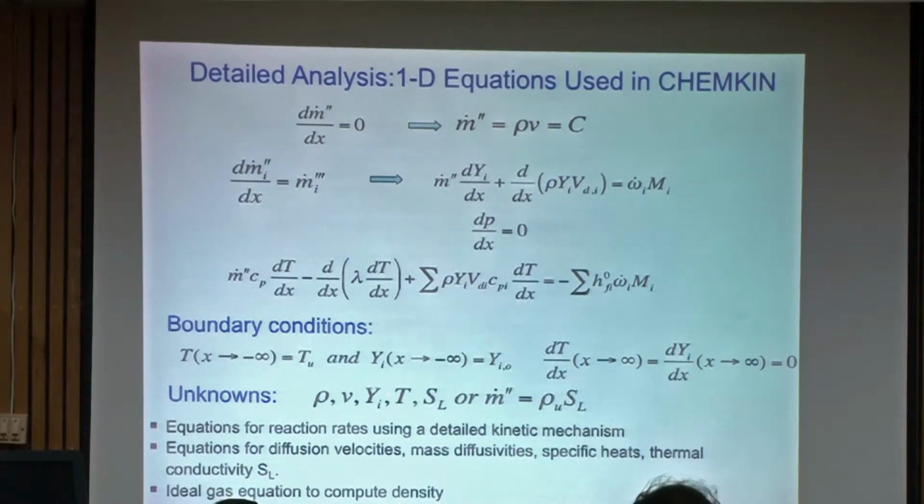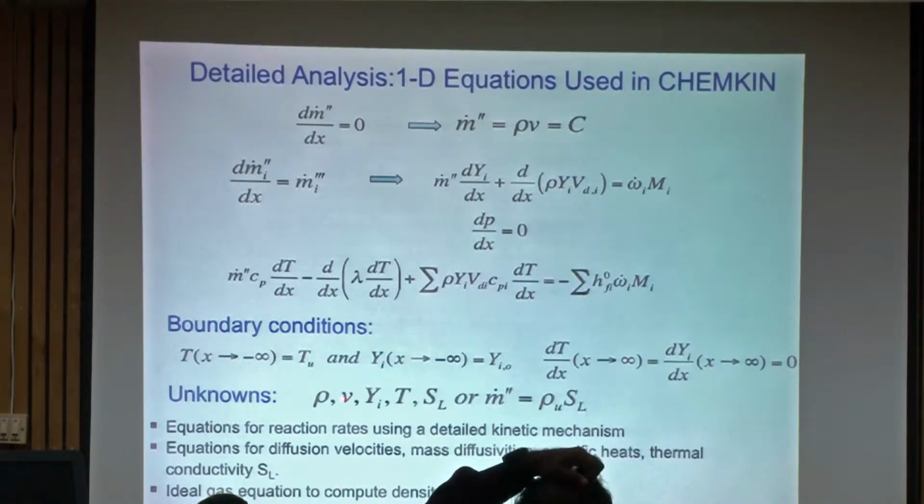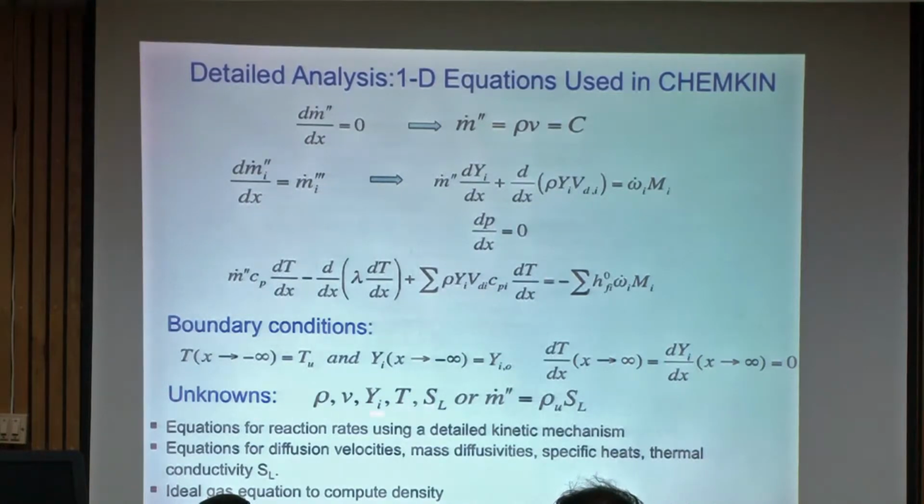And for solving these equations, these are of course the unknowns. You have the standard unknowns, density, and this is now velocity as a function of x. In Microsoft Word, that's how the small v looks. So all these properties except SL are functions of x.